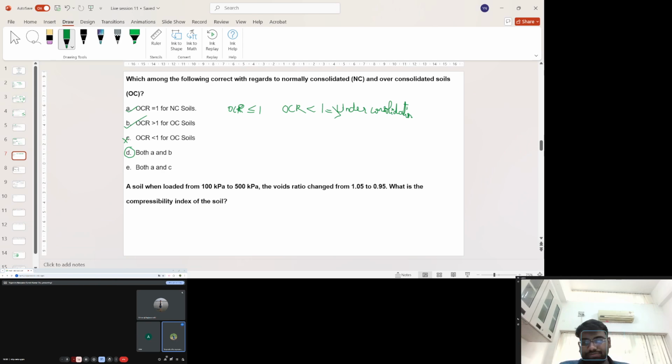Settlements are much higher compared with the other two; under consolidated soil will have very high settlement. Then why do they neglect this one? In the analysis part, the problems we solve or the behaviors we consider, this situation occurs very rarely. It is one of the very rare cases. So the analysis is either OCR less than 1 or OCR greater than 1.